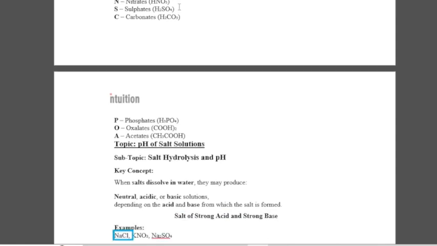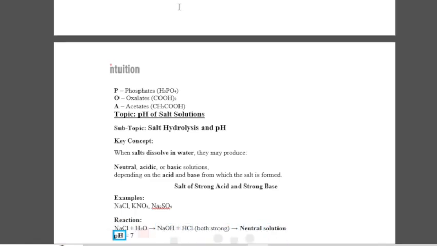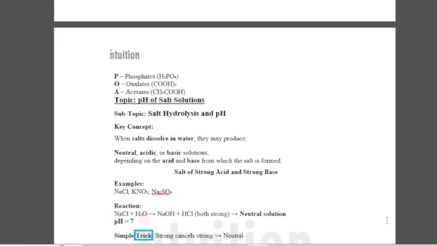Examples: NaCl, NaNO3, Na2SO4. Reaction: NaCl plus H2O gives NaOH plus HCl, both strong. The solution is neutral, pH equal to 7. Simple trick: strong cancels strong, neutral.